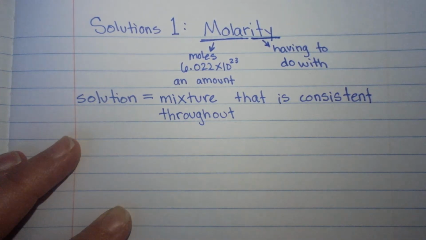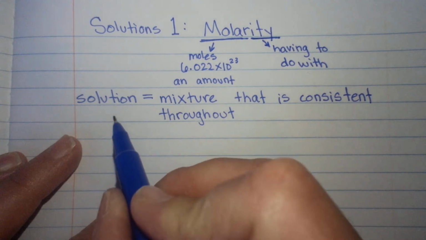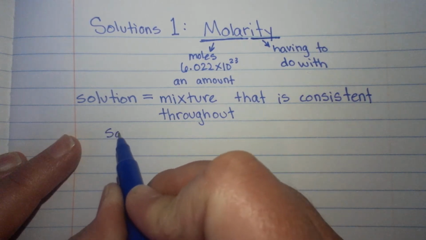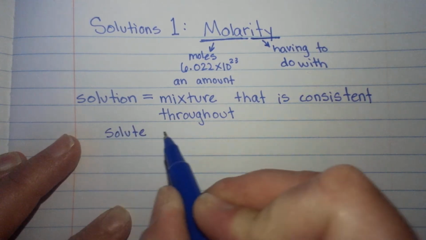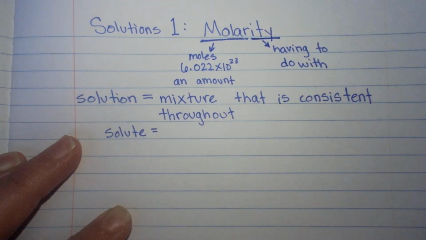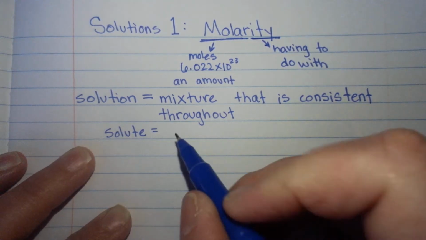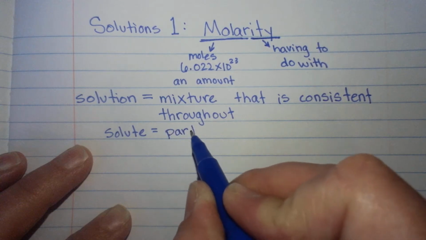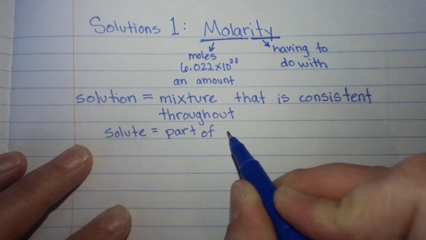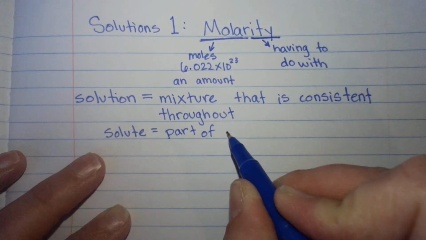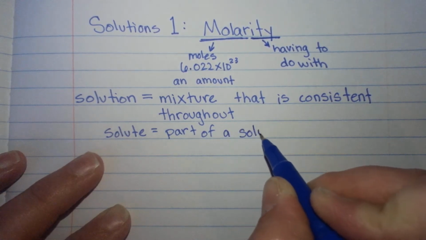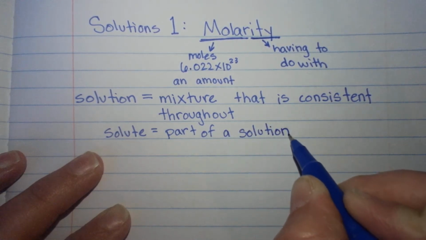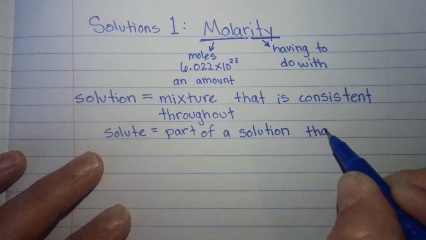And these parts have names too, and these are solute and solvent. Solute is part of the mixture, or part of a solution. We'll put a solution because a solution is a special type of mixture that is dissolved.